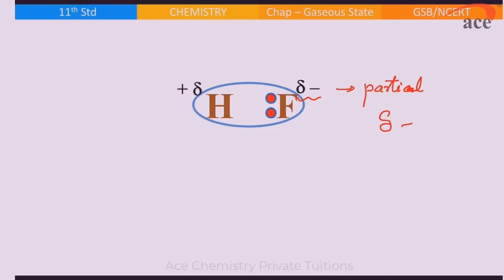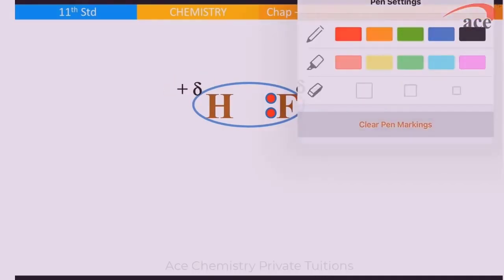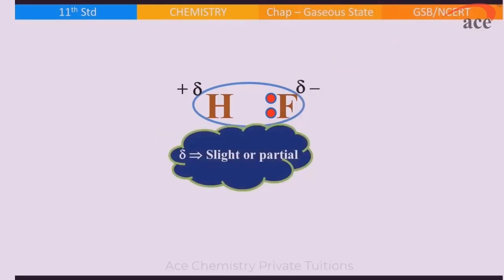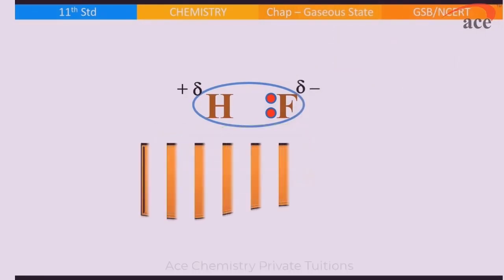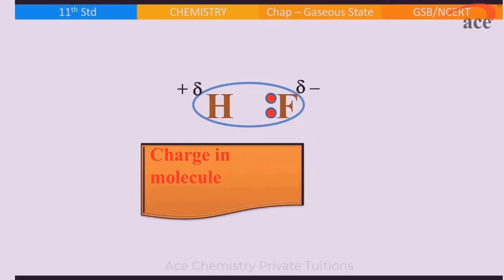And hydrogen will get a partial positive charge. When you have these partial negative and partial positive charges, we call it development of charge. And if there is a charge in a molecule, such molecules are called polar molecules. I hope everyone is clear with it.